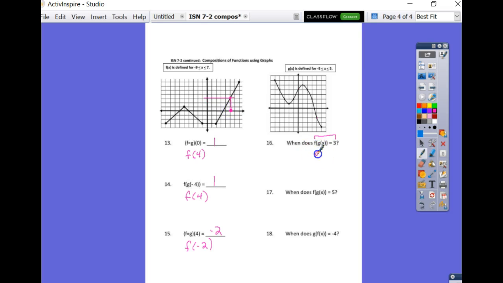So what's my x value? 5. So now the 5 becomes your y, right? It's the output, because we're going backwards. So on the g function, oh, what happens here? How many times does it touch? Twice.